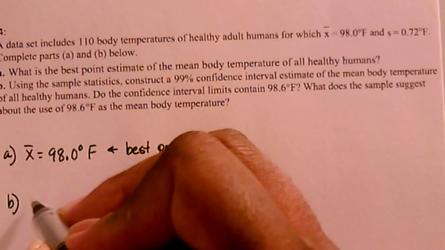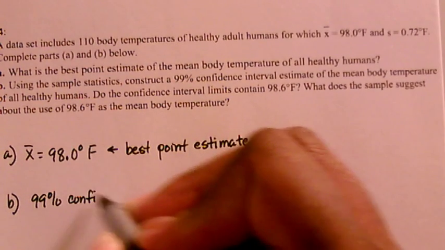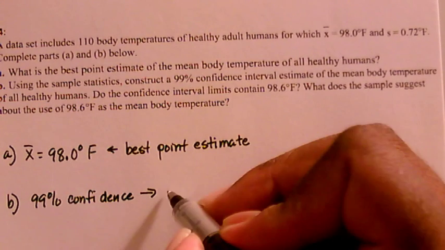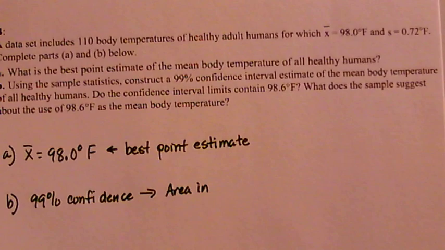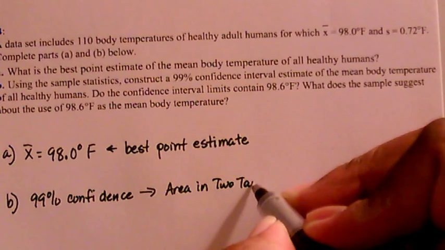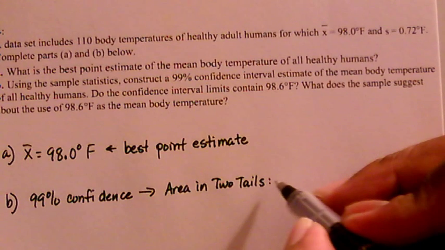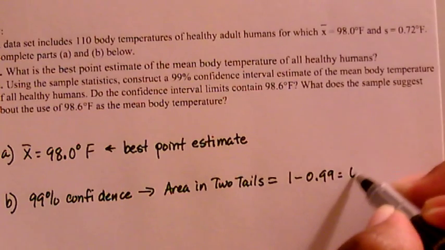Okay, so now, if we have a 99% confidence, that means this. We look under the critical t-value or the t-distribution table, where the area in two tails is 1 minus 0.99, which will be 0.01.